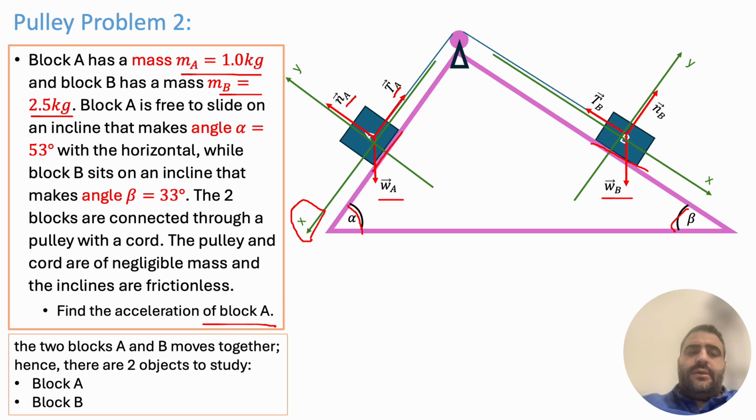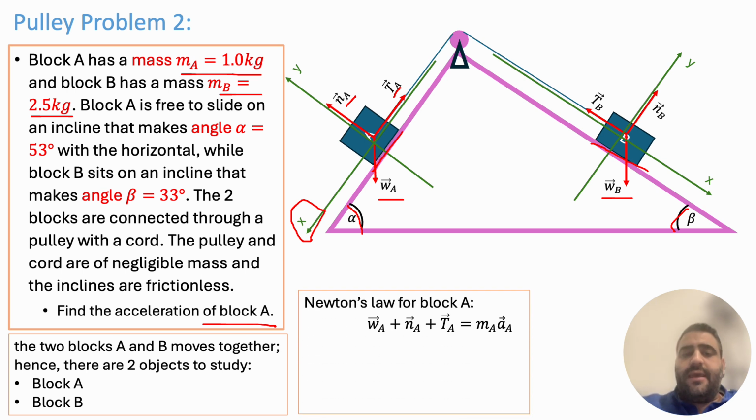Now, after that, I apply Newton's second law. So I start with block A. The sum of forces, or the net force acting on A, is equal to the mass of A times the acceleration of A. And what are the forces acting on A? We have WA vector plus NA vector plus TA vector.